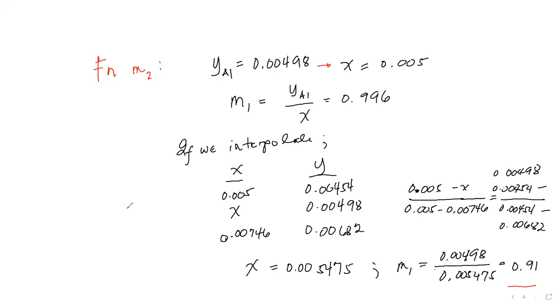Now we look for M1. So we'll go to the next slide. For M1, we will use the XAN, the raffinate concentration.